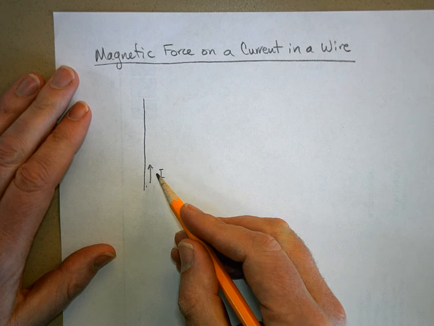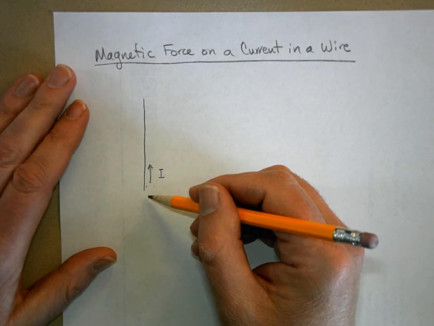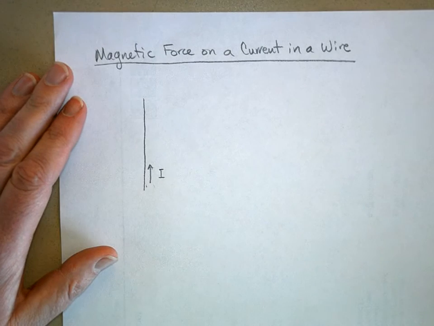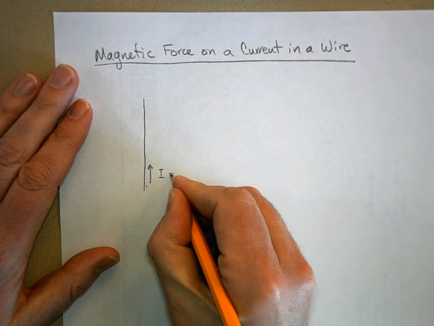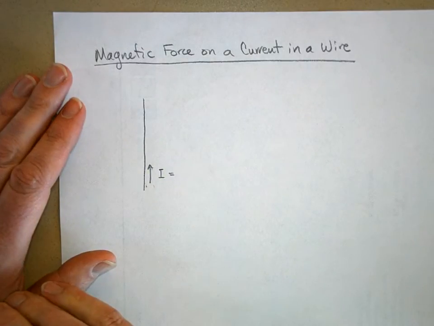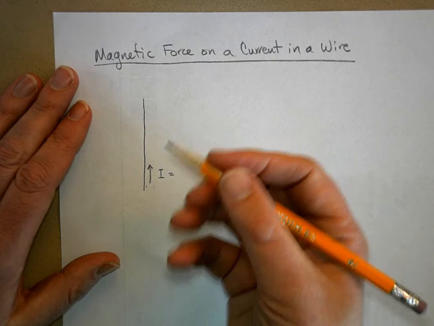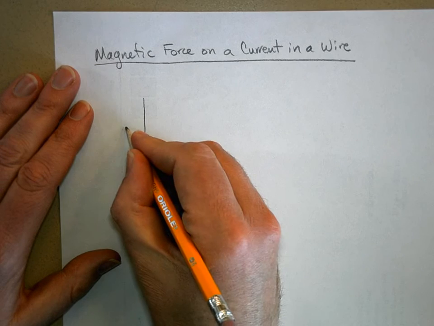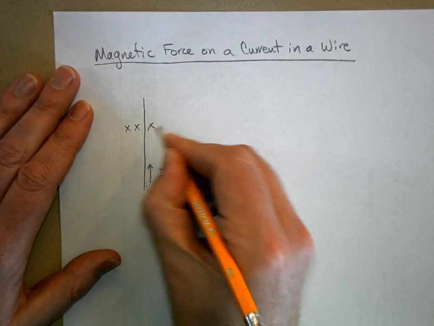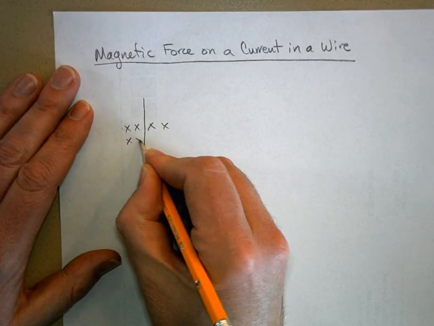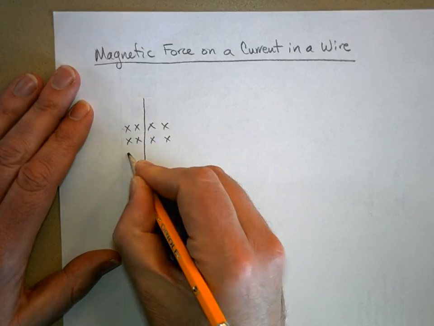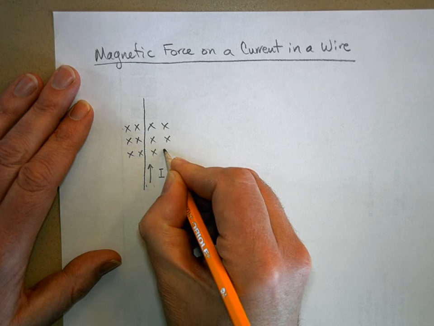So that means you've got charged particles moving up here. And remember what this current was. Well, anyway, we'll get to that in a second. I'm going to put a magnetic field in here, like this.